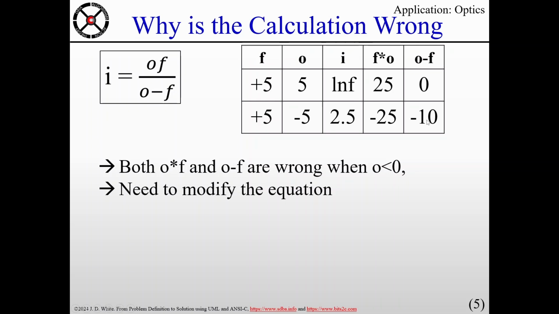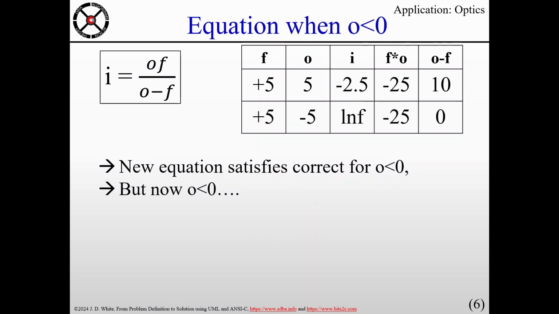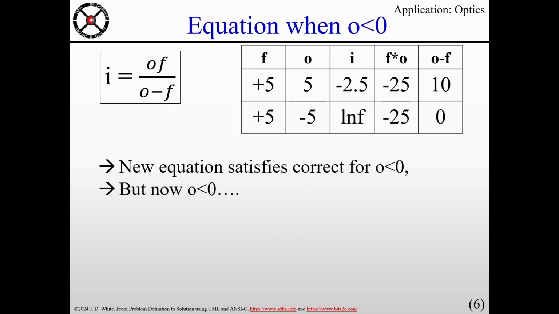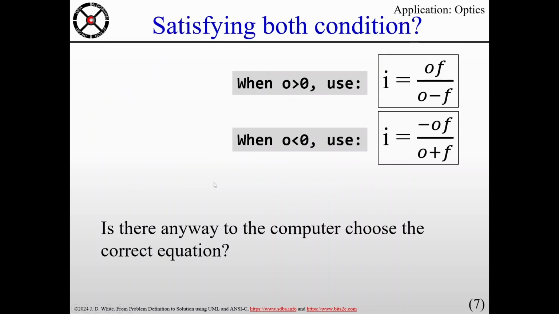So we have to change the equation. It's a logic error. We basically now have two equations we can use. The new equation is going to be correct when O is less than 0.